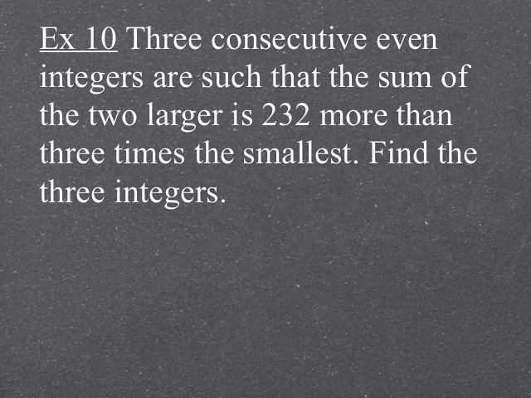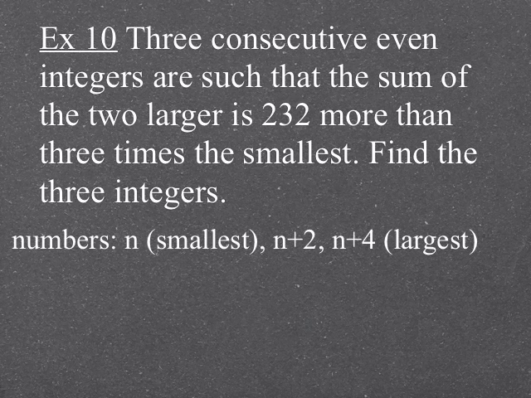In our key, we're going to have 3 consecutive even integers. So n, that's going to be the smallest. N plus 2 is next because these guys are even. N plus 4 is last, and he's going to be the biggest. If they were just consecutive integers, I'd have n, n plus 1, and n plus 2. But if they're consecutive evens or consecutive odds, I would have this for my key.